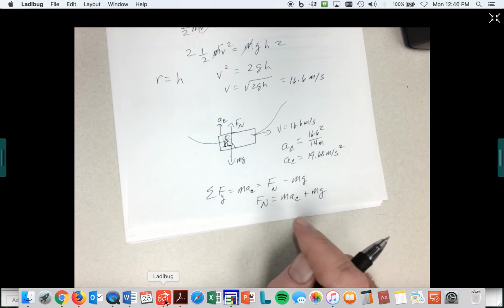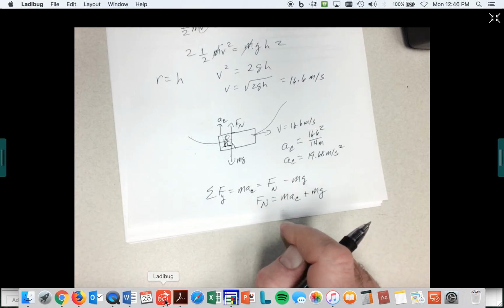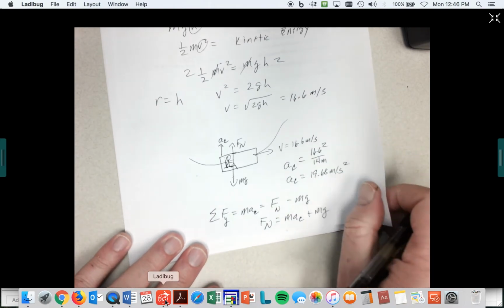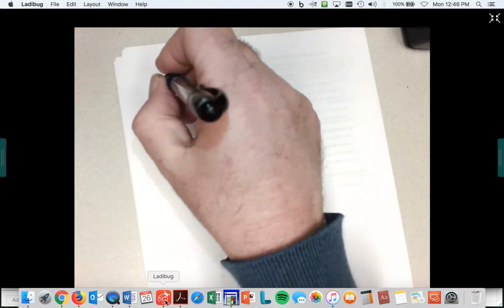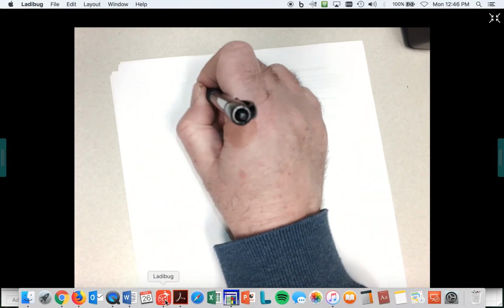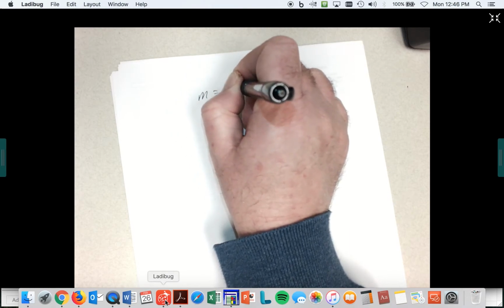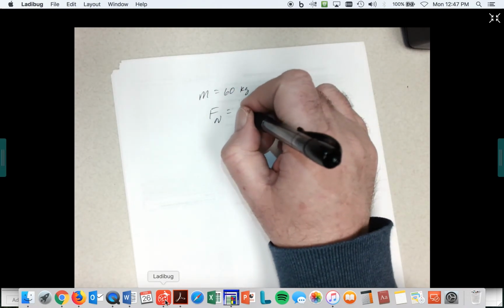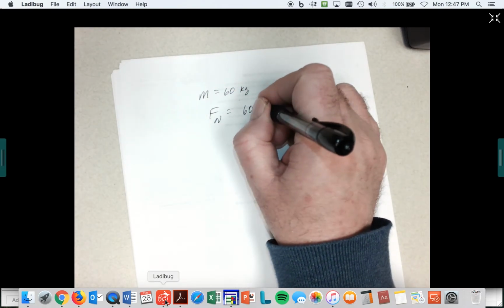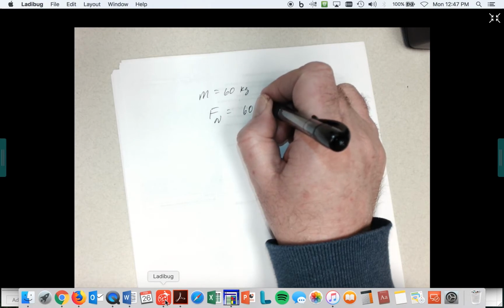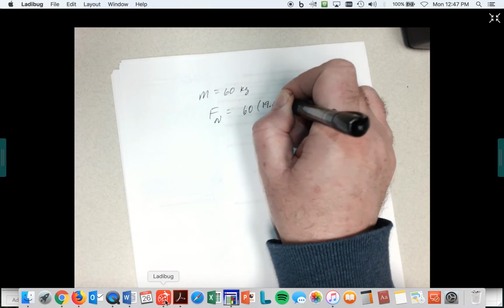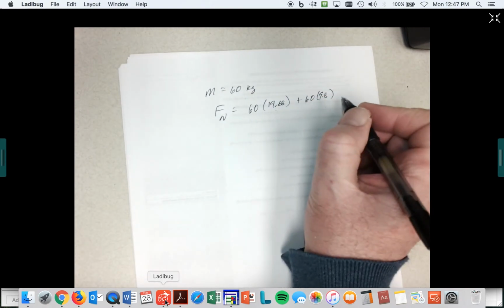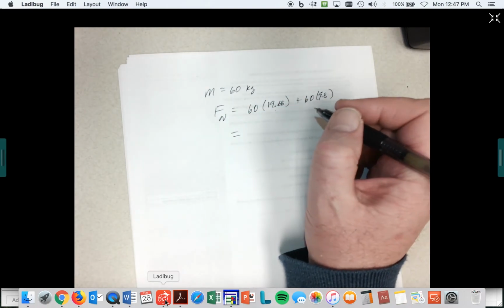And if her mass is 60 kilograms, the mass of the rider is 60 kilograms, then the normal force is equal to 60 times 19.68 plus 60 times 9.8. Now look at this. This is almost 2 G's, and there's another, so it's 3 G's. It's damn near 3 G's of force that she's pulling.